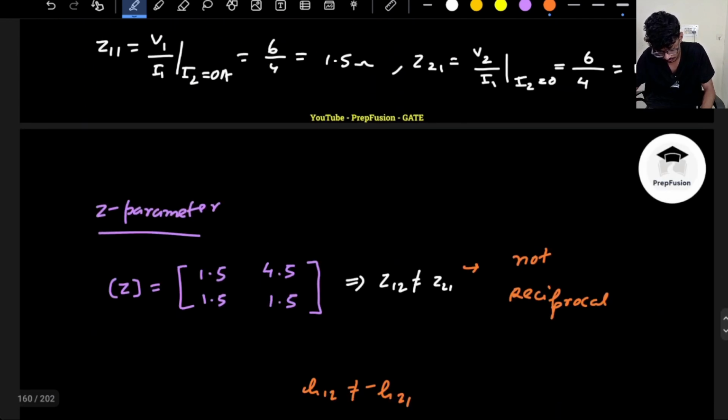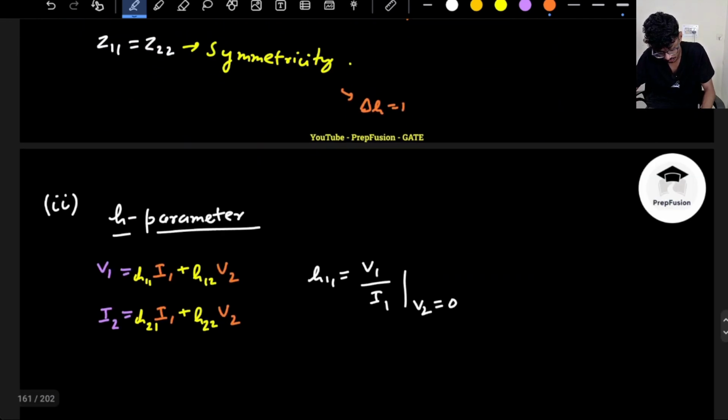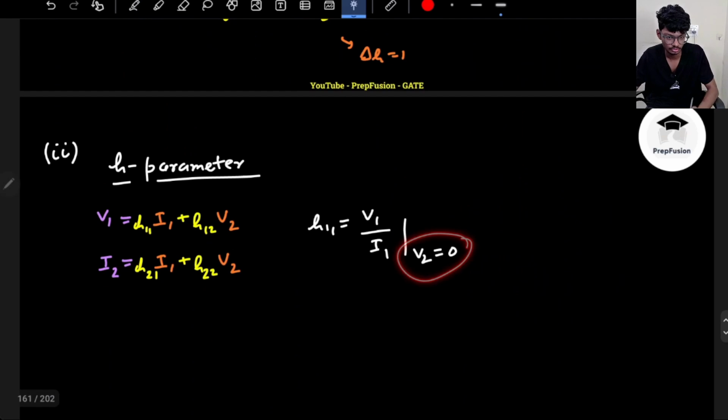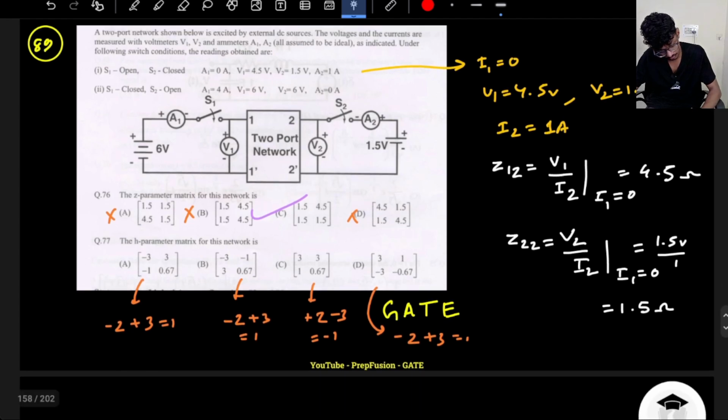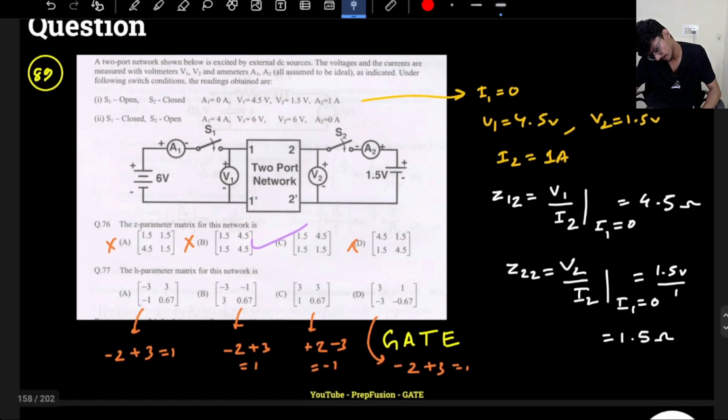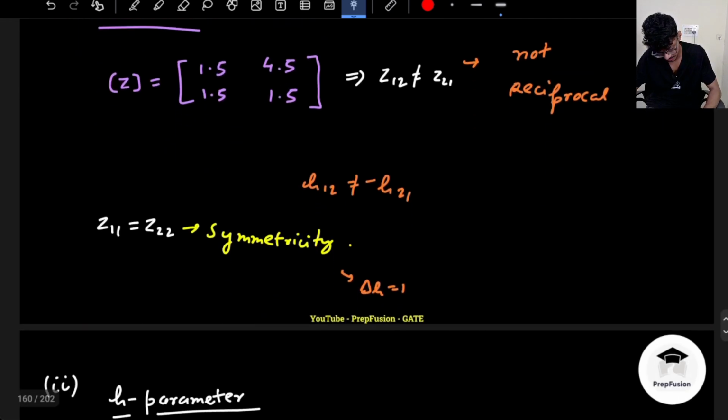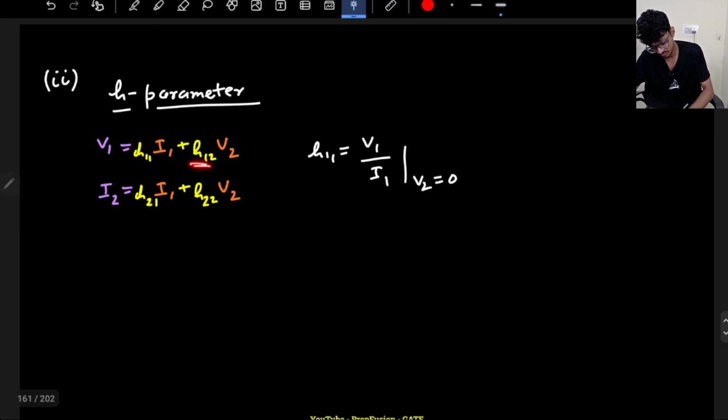One thing: H11 I will not be able to find because there is a condition of V2 equal to 0 that is not given in the question. But what I can find out is the value of the other parameters like H12.